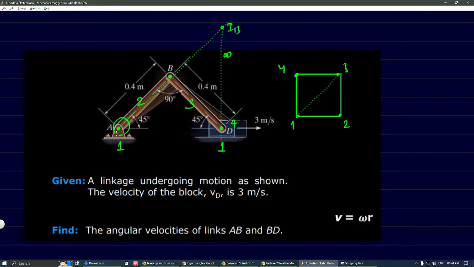I23 is here. I12 is here. I13 is here. And then if you want, what is left? I24. Okay, if you want 24, then you have to extend it backside. Got it? This is instantaneous center 24.